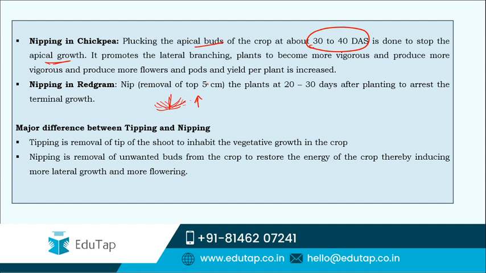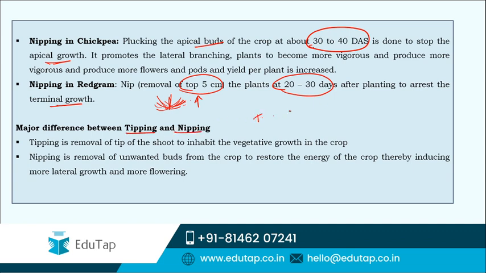Similarly, in red gram also, removal of the top 5 centimeters when the plant is at 20 to 30 days after planting to arrest the terminal growth and induce the axillary growth, thereby again giving more number of flowers and increase in yields.